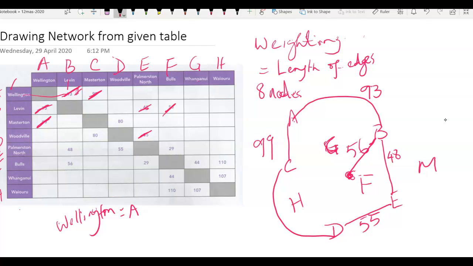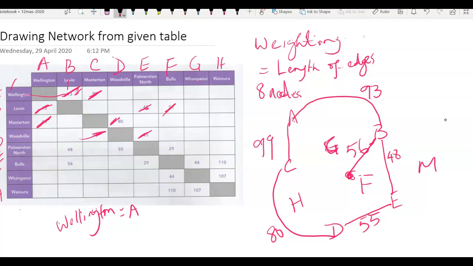In between there is H, so I will probably erase it later on. C and D is 80. Done. Masterton and Woodville, which is D and C, is 80. I've done that, so this can be crossed out.